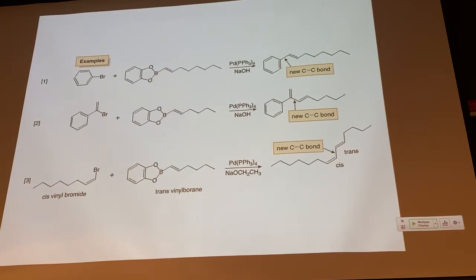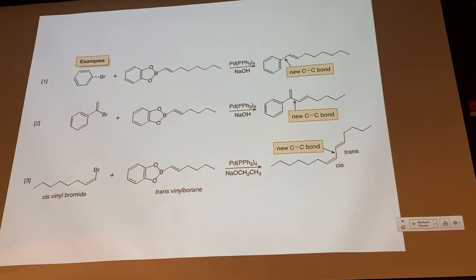And you're seeing here the new carbon-carbon bonds that are formed. And you see that the alkene stereochemistry is retained just like it was in the organocuprate couplings. So here we have a trans vinyl boronate, with the trans alkene there. Here we have a cis vinyl bromide. So in this product, we have a cis double bond here and a trans double bond here.